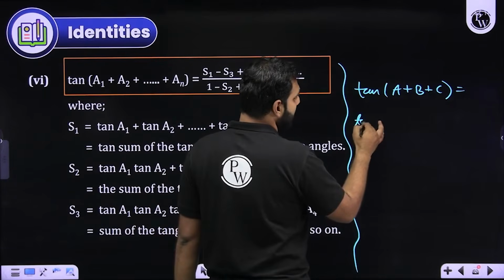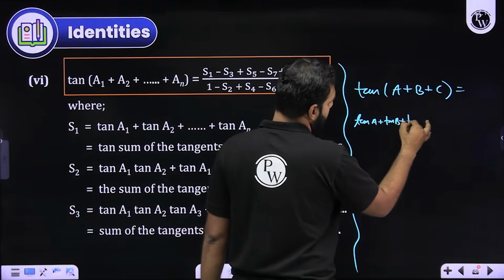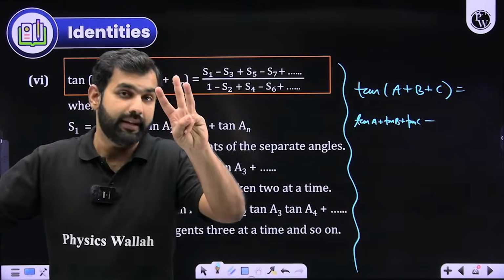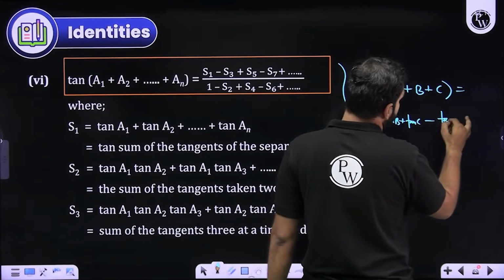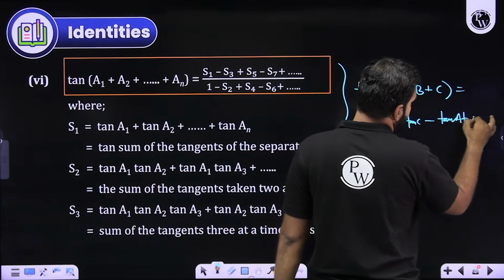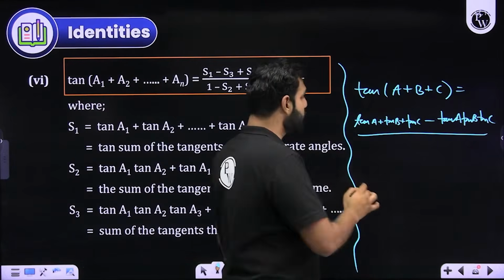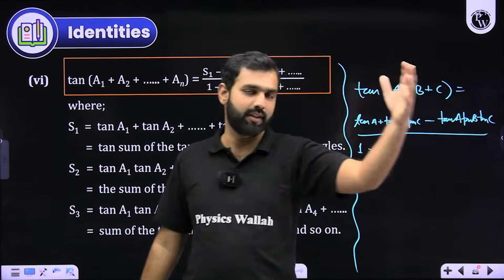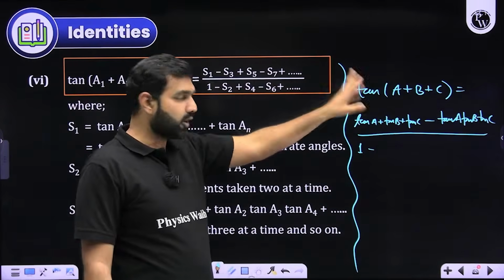S1 is tanA plus tanB plus tanC. Great. Minus S3. What is S3? Taken three at a time, so tanA tanB tanC. This is divided by S0, which is 1, minus S2. I cannot write S5 further because there is no tanA tanB tanC tanD tanE like that. There were three only, so I'll stop at S3.